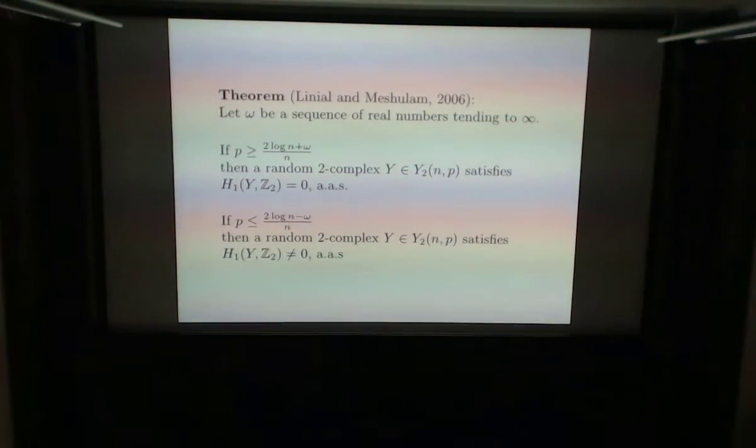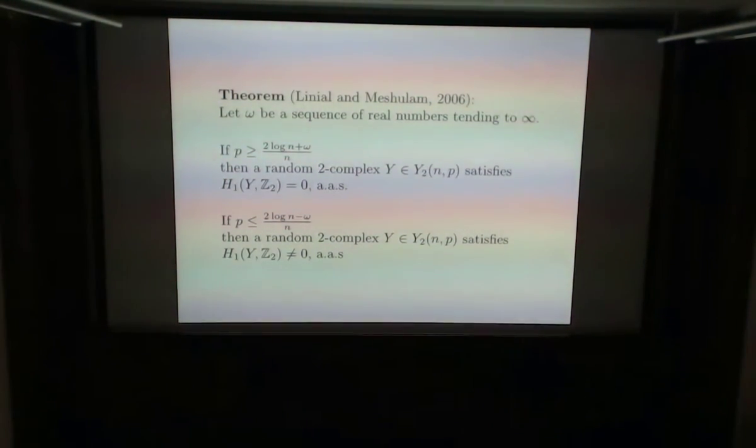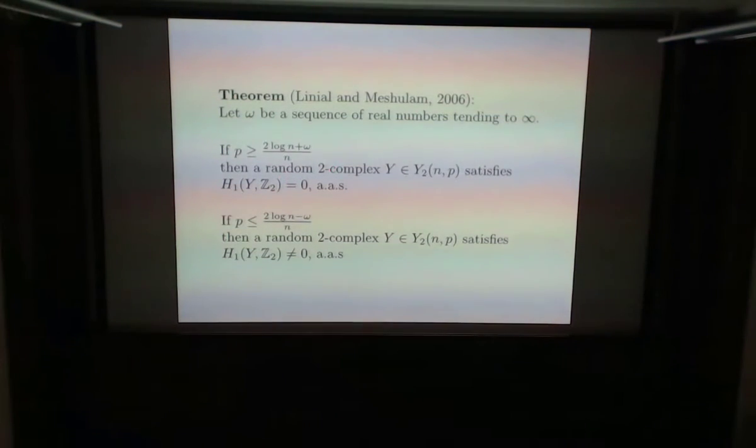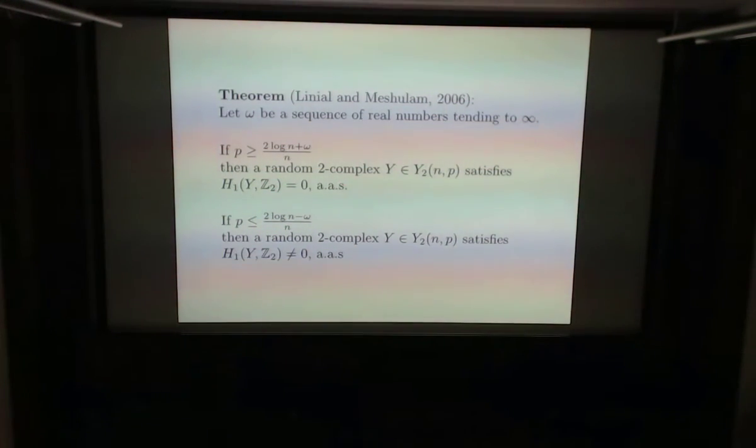So the theorem of Linial-Meshulam says that if p is greater than this threshold, which is 2 log n plus omega over n, then this random 2 complex has vanishing first homology with Z2 coefficients, asymptotically almost surely.